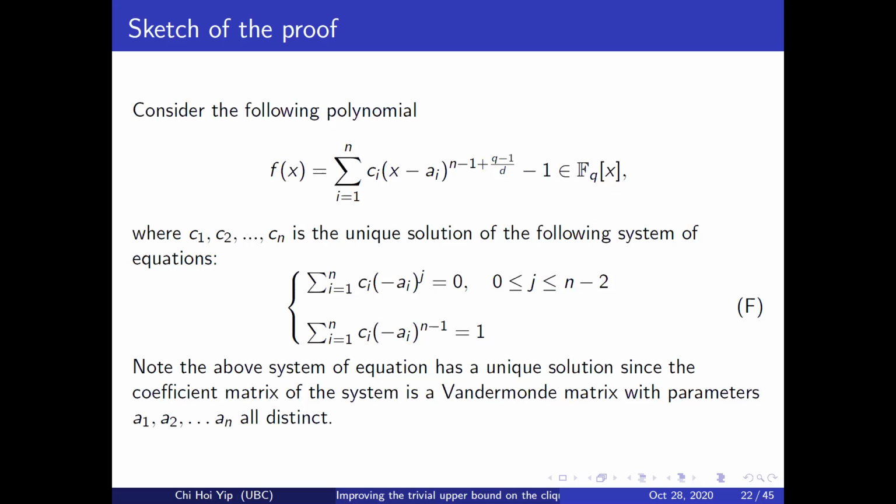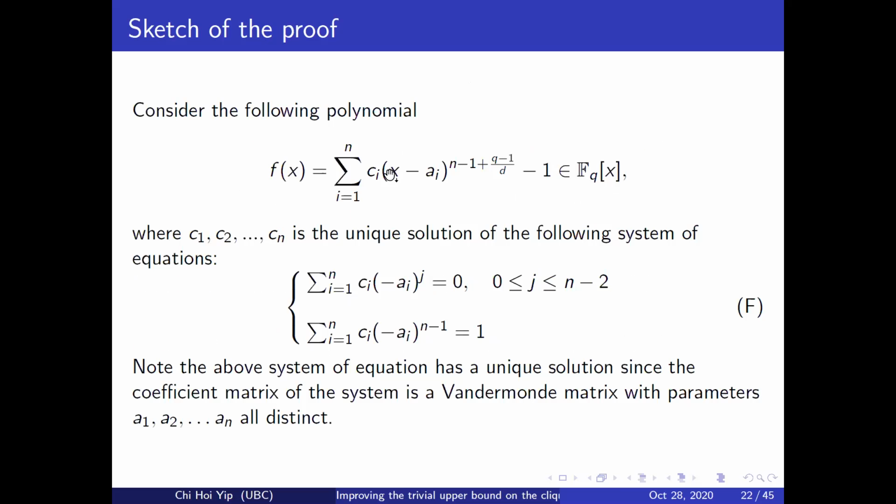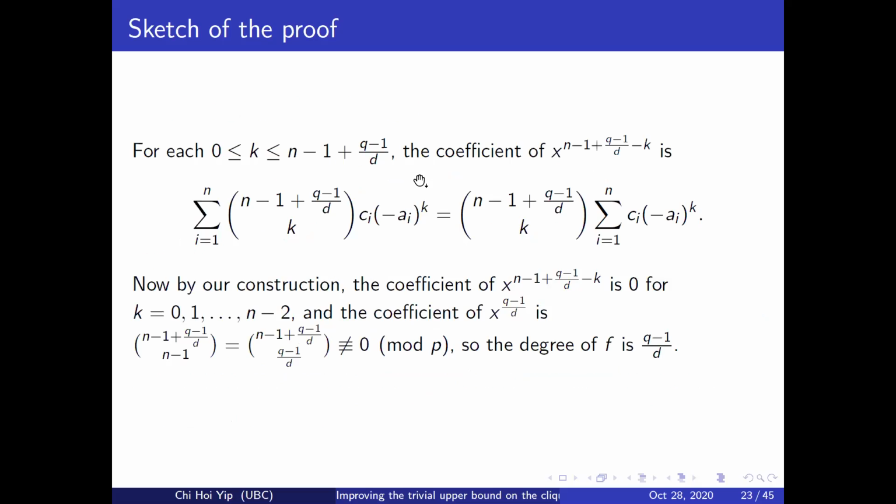Next, we would like to determine the degree of f, and we also would like to see whether each root vanishes with a high multiplicity, because that's the idea of using Stepanov's method. First, let's check the degree of f. For each coefficient, we can use the binomial expansion to see the coefficient of a particular term.